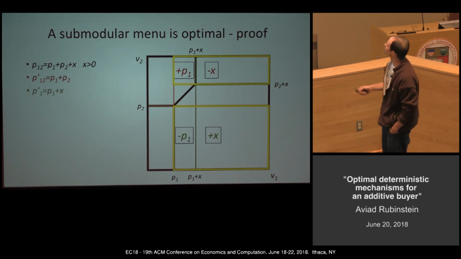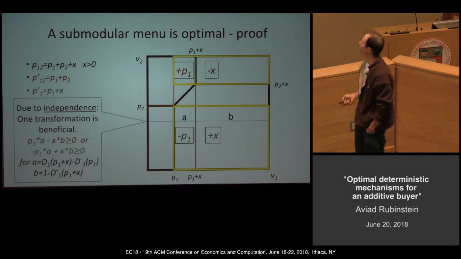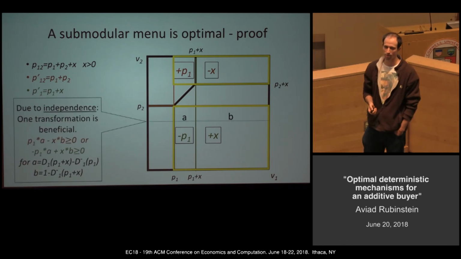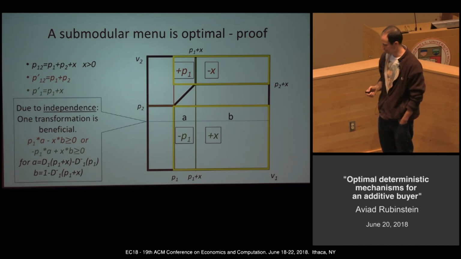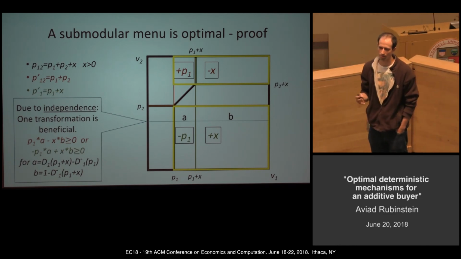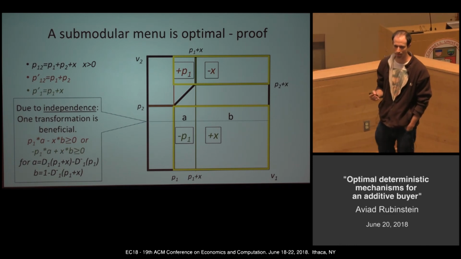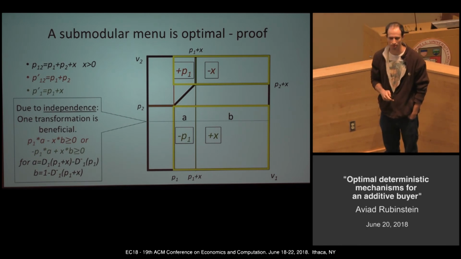So we have this symmetry: there's a plus P1 minus X and a minus P1 plus X. And this is a step where we have to use the fact that the valuations are independent. So the probability of the plus X versus the minus P1 is the same as the plus P1 versus the minus X. So one of those has to beat the supermodular menu.